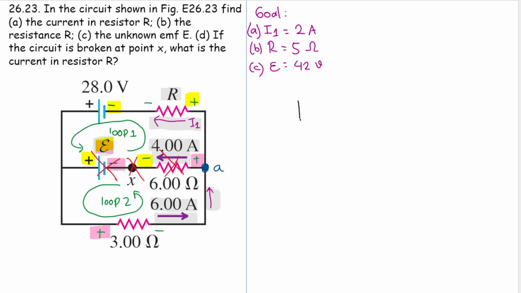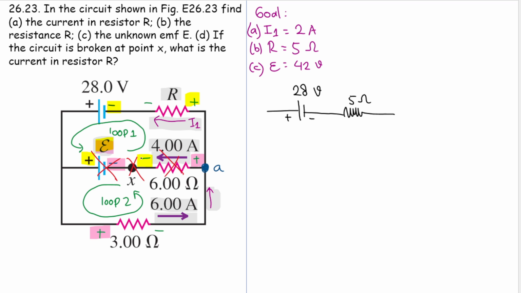So I will have that 28 volt battery here. Okay, and this one will be positive and negative. And then we will have this R here, but we know the value of R already, which is 5 ohm.